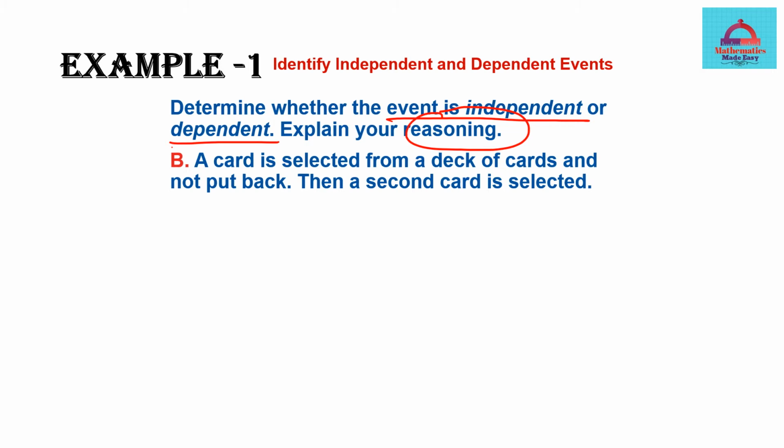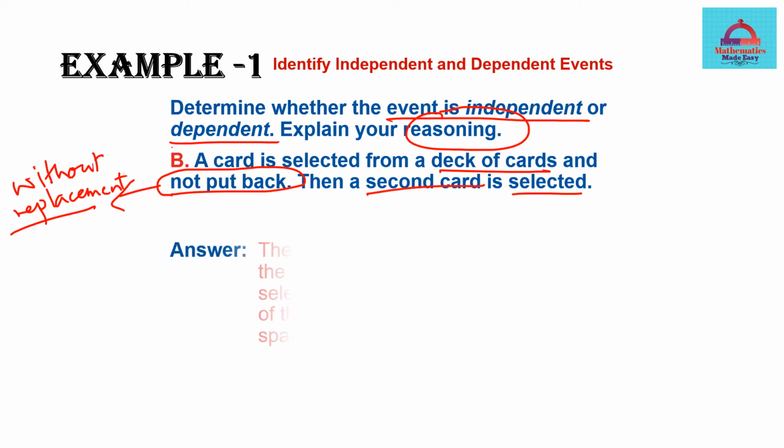So a card is selected from a deck of cards and not put back. This "not put back" clearly tells you that we are not doing any sort of replacement. So this is a question on without replacement, and that is the trick that will help you know that this is going to be a dependent event, because your probability will get affected when you do the second draw.